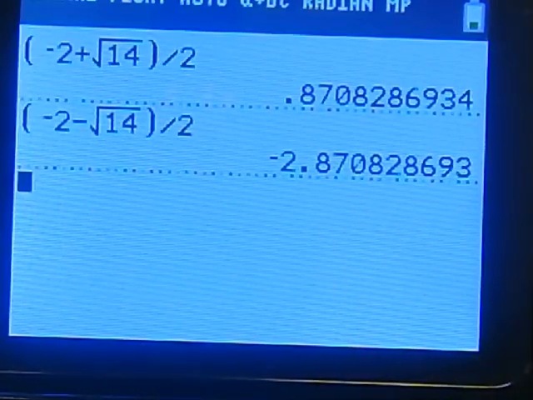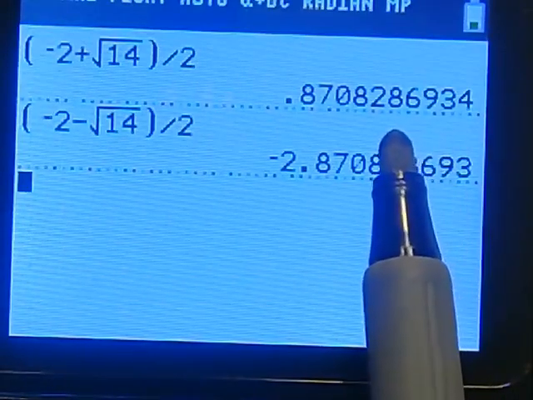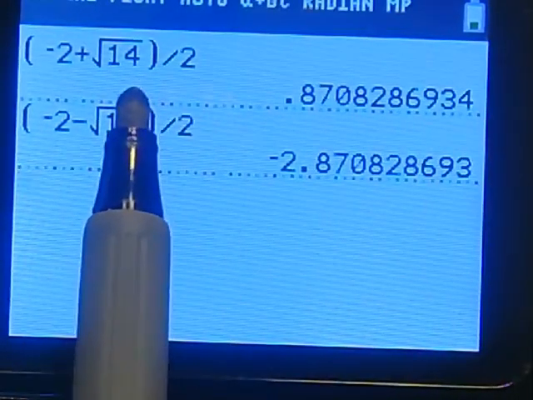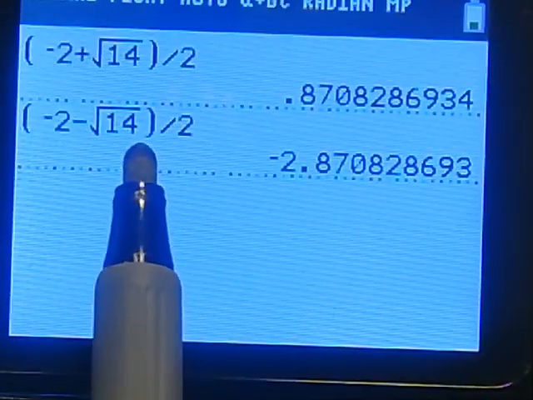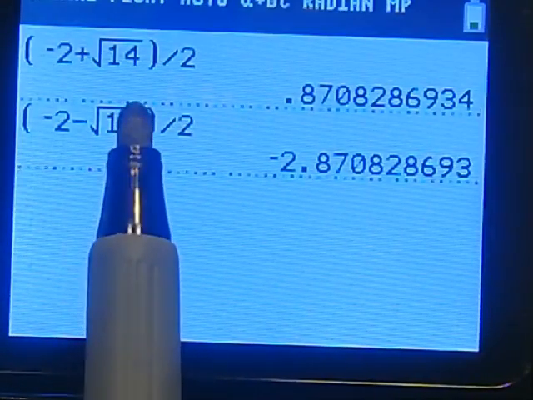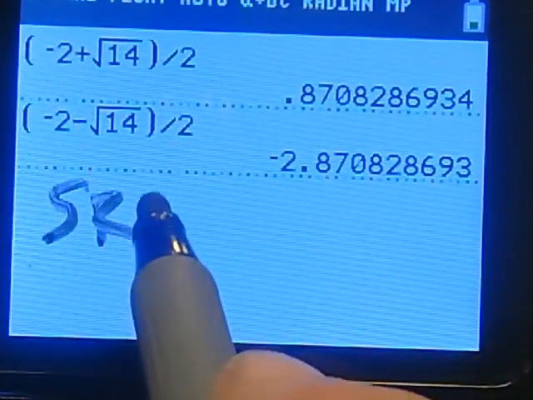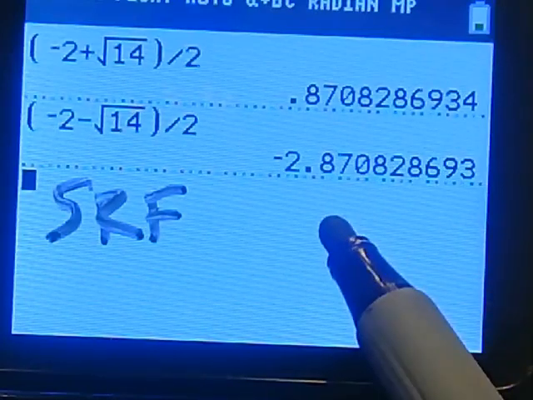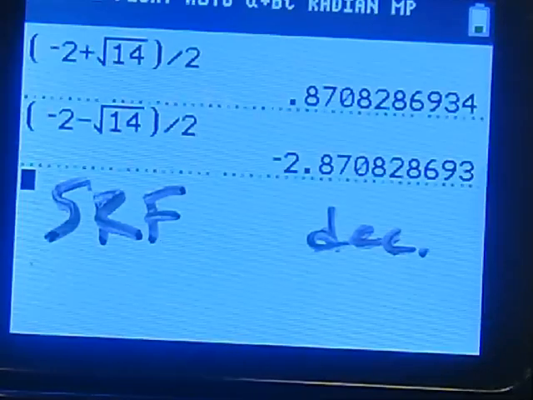So you can use your calculator when they ask you to give a decimal value, particularly with an irrational number. But we've left the answer here in what they call simplest radical form. This is in simplest radical form, and this is in a rounded decimal. Now, let me ask you this. Which one is more accurate?